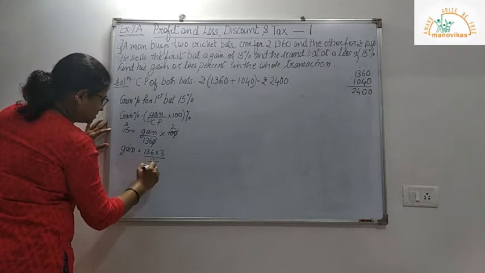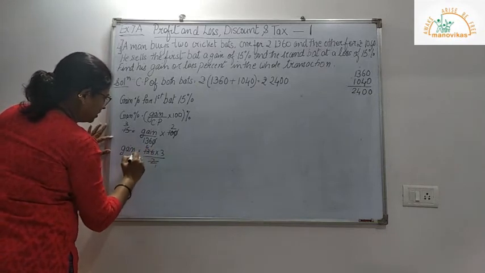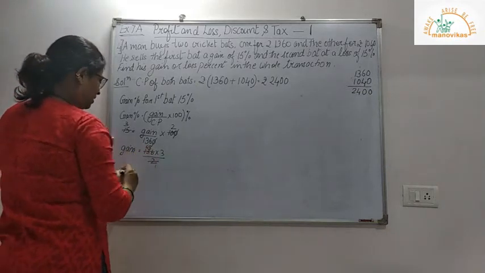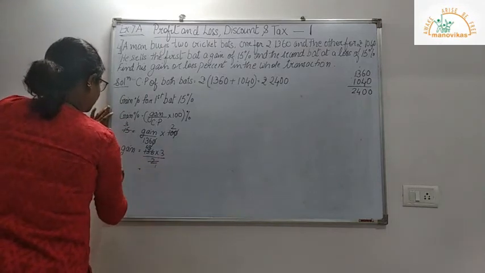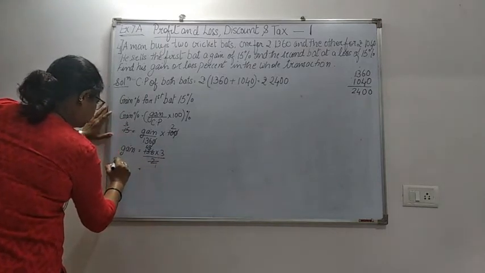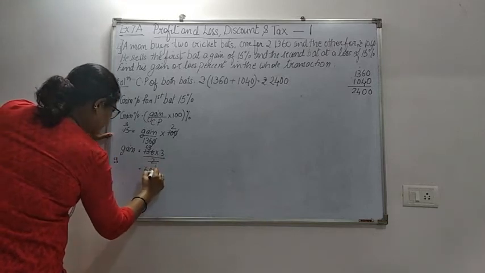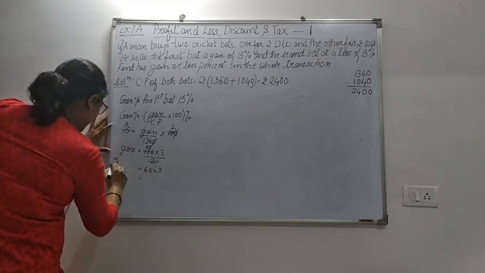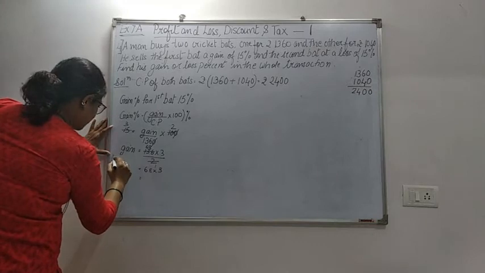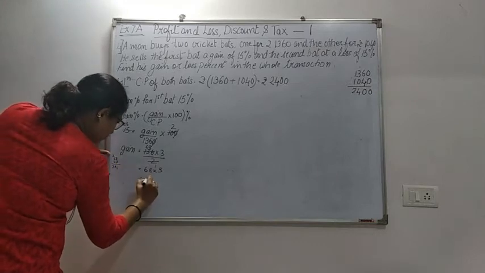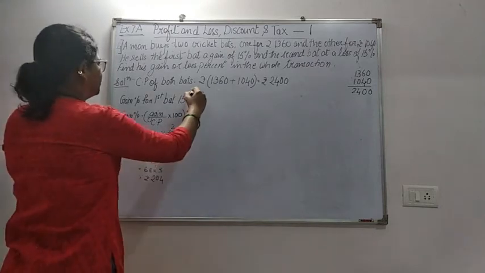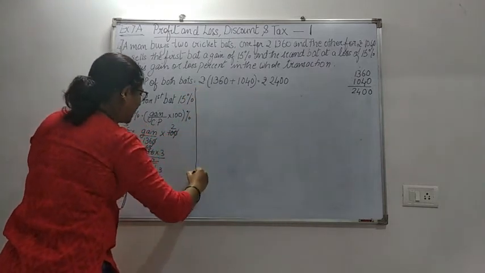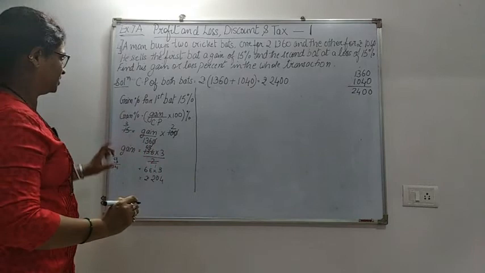So 2 ones are 2, 6 are 12, 2 eights are, right? So here I get, that is 68 into 3, which is 204. So I get it as 204. Now this is my gain on the first bat, which is 15%.